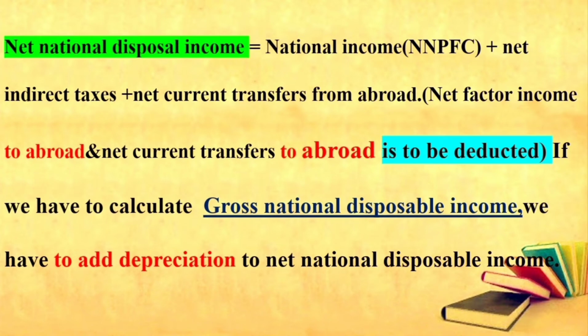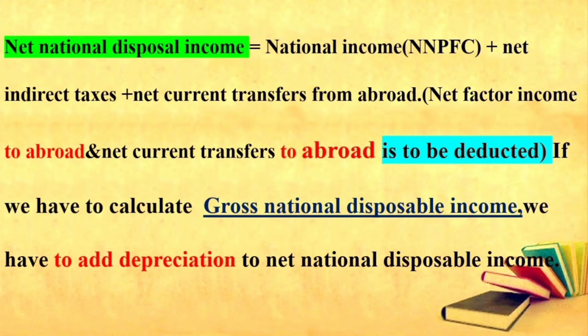NNP at market price includes net indirect taxes, but the standard unit of national income, which is otherwise known as NNP at factor cost, when we say national income, it is NNP at factor cost. It does not include net indirect tax. So to national income, we have to add net indirect taxes plus net current transfers from abroad.